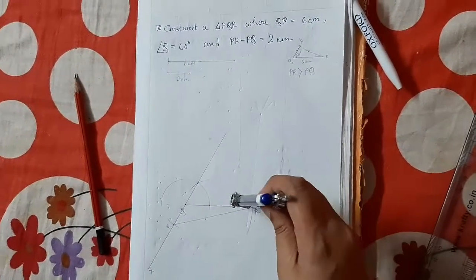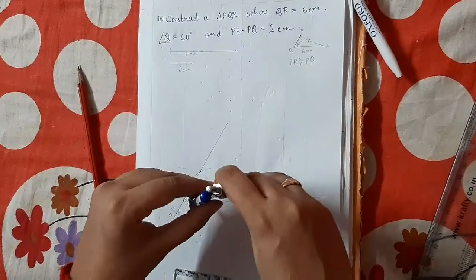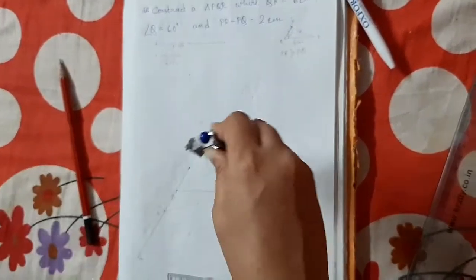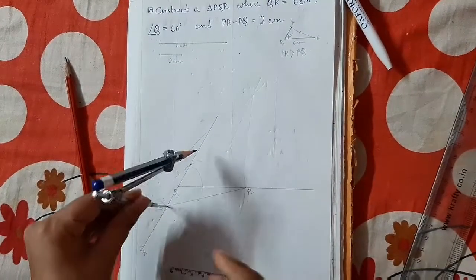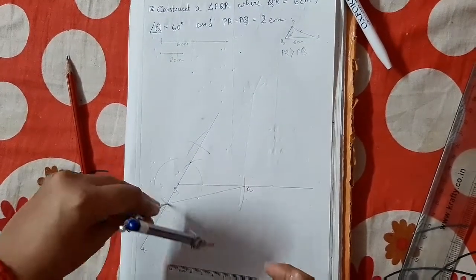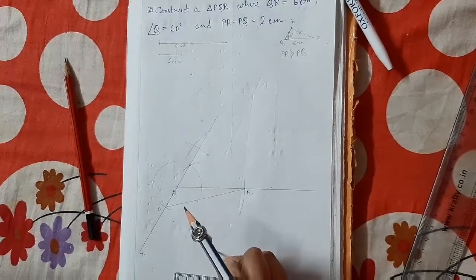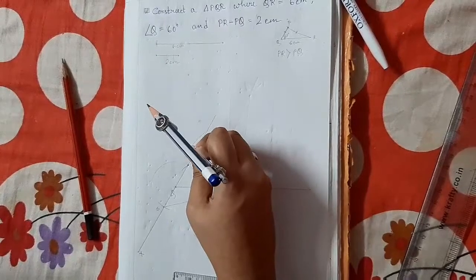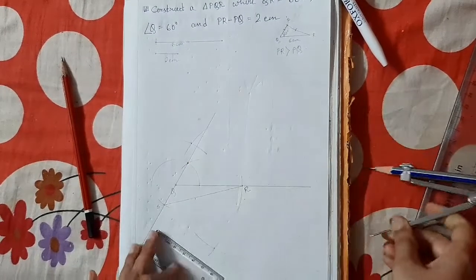Now you will bisect this line segment SR. Take more than half of SR and bisect it. You know how to bisect it. These are the points of intersection. Join these 2 points.